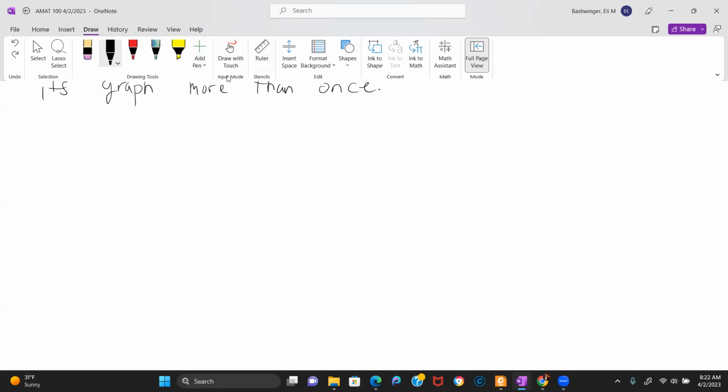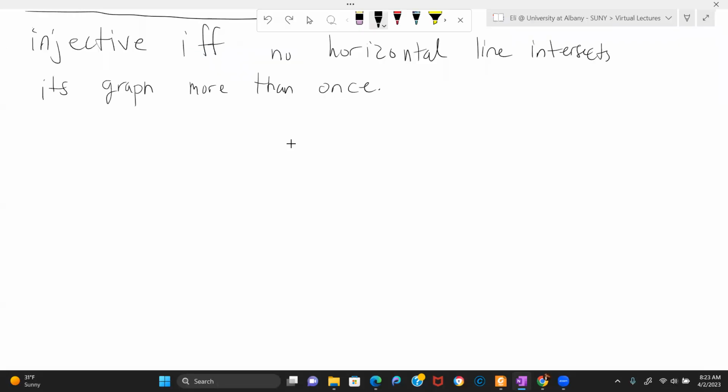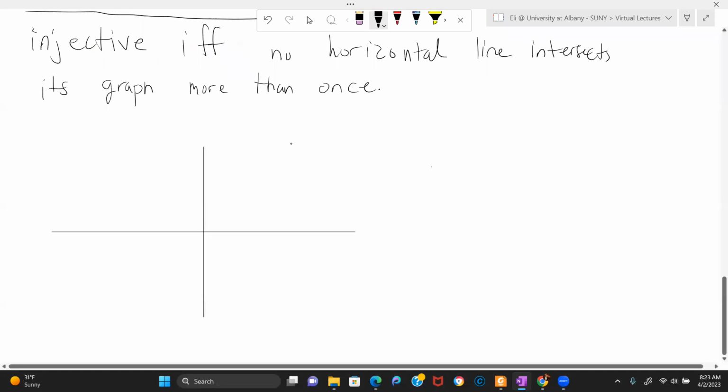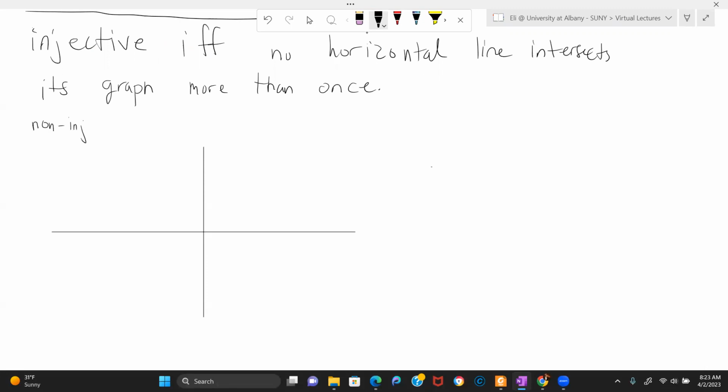Let's try to understand this criterion a bit. Let's just draw a generic function, a non-injective function, a function which is not injective.